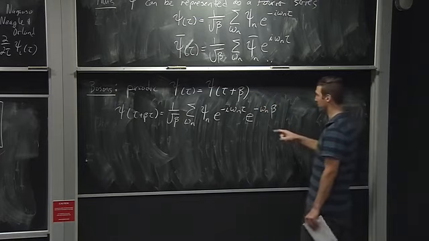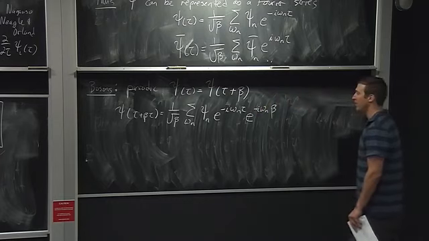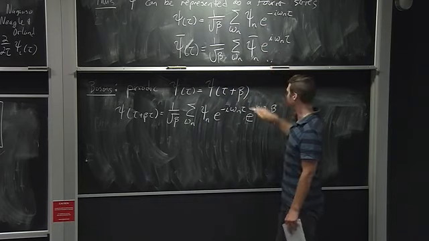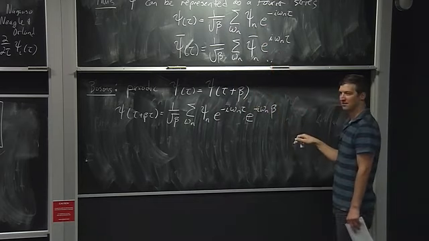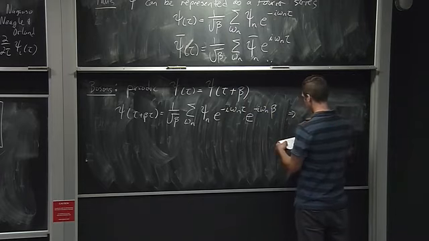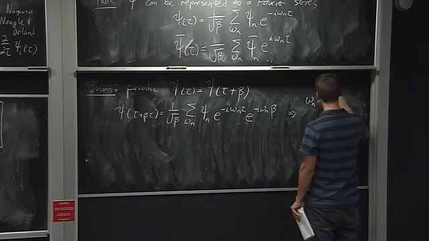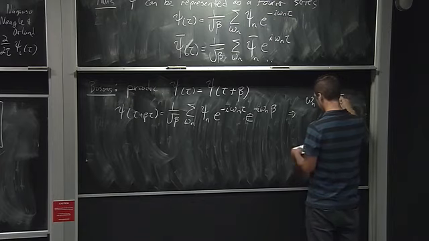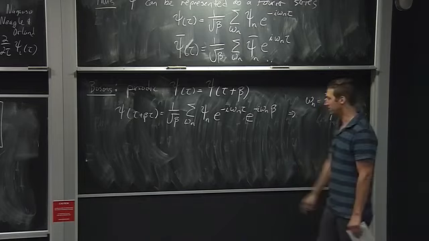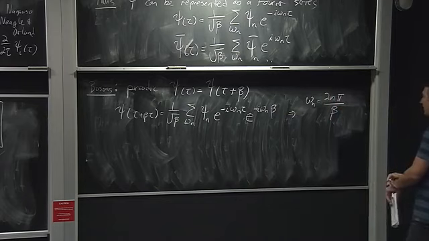In order for that thing to equal that thing, this thing has to be 1. So omega n has to be 2n pi over beta. So this sum is over Matsubara frequencies, or n.